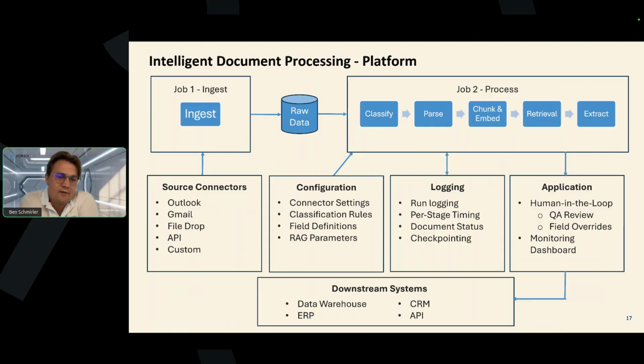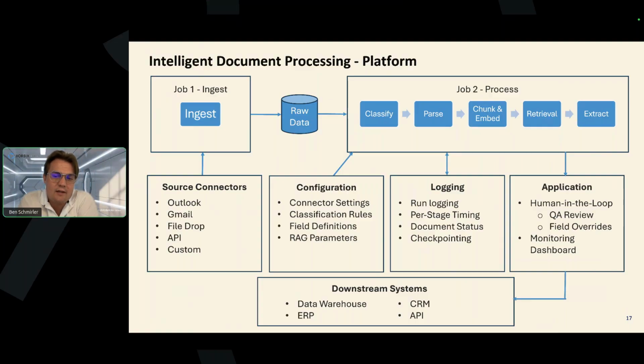For configuration, you want to look at connector settings, classification rules, field definitions, and RAG parameters. Having a 2-step process also allows for better auditability and logging. And typically, as you'll see in the demo coming up, you'll want some kind of human in the loop, because intelligent document processing isn't perfect.